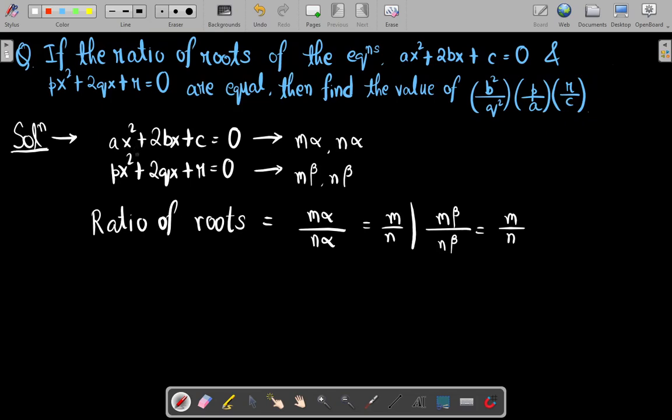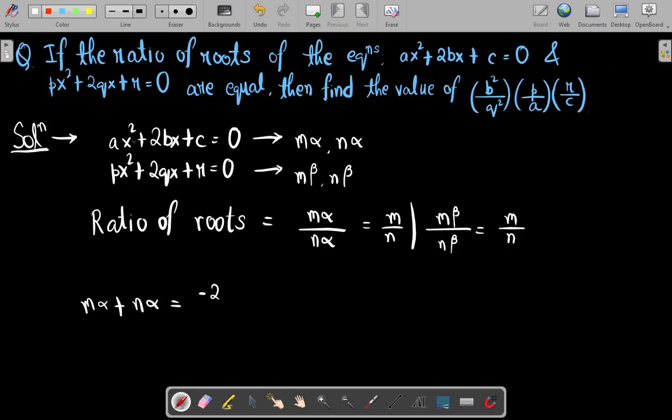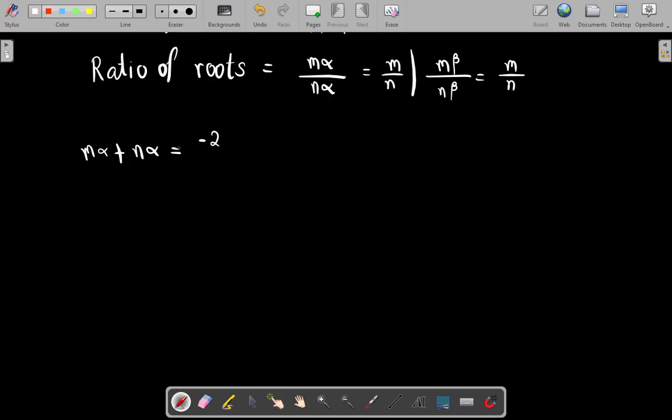Now for the first equation, the roots are mα and nα, and the equation is ax² + 2bx + c = 0. Let us find the sum of roots and the product of roots. The sum mα + nα will be the negative of the coefficient of x upon a, that is minus 2b upon a.